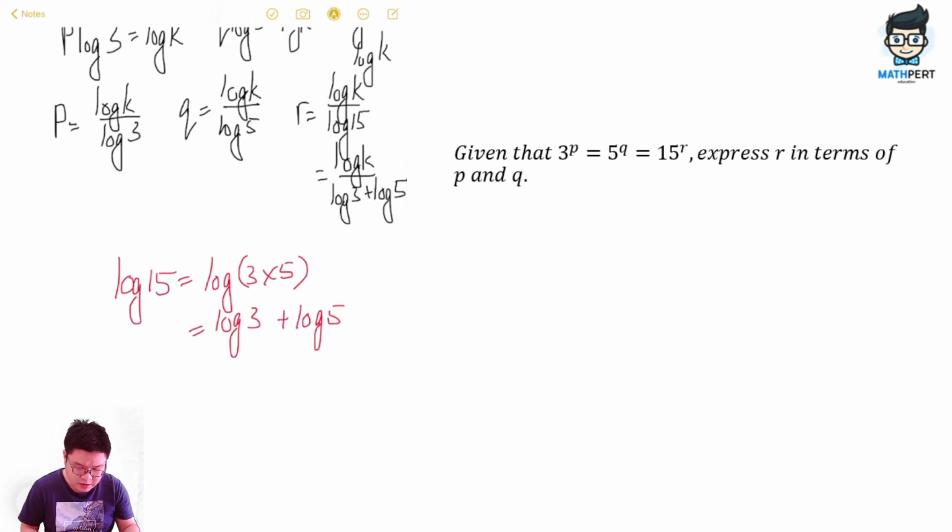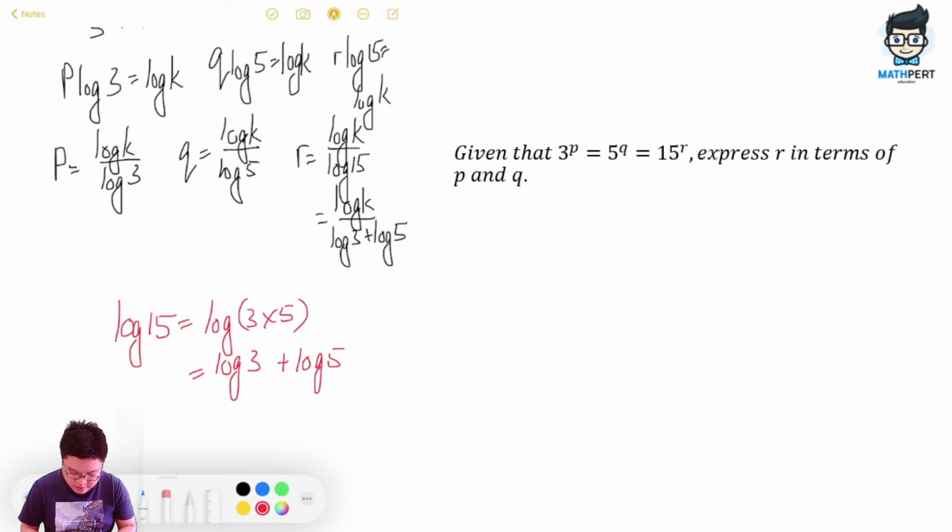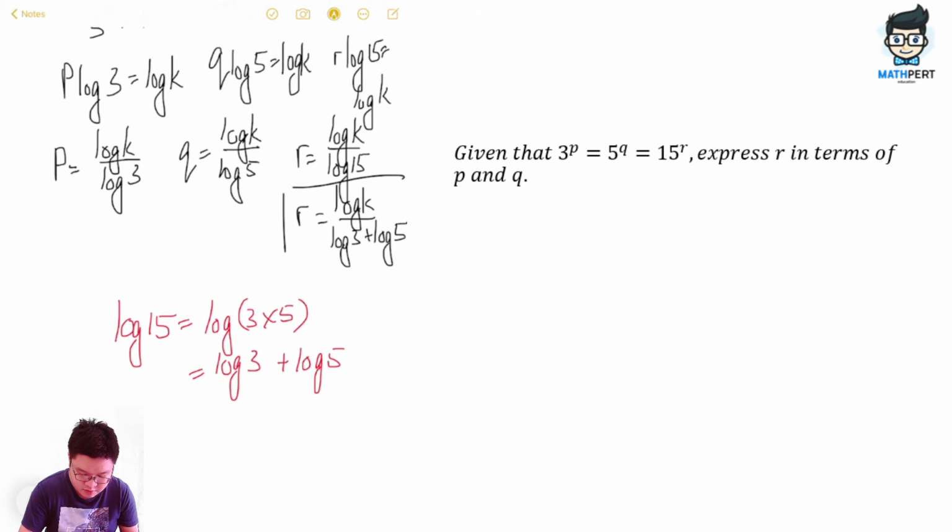Alright? So now that we got this, r is equal to log k over log 3 plus log 5. Okay, so how do we remove log k? How do we remove log 3? How do we remove log 5? So this is our question now.